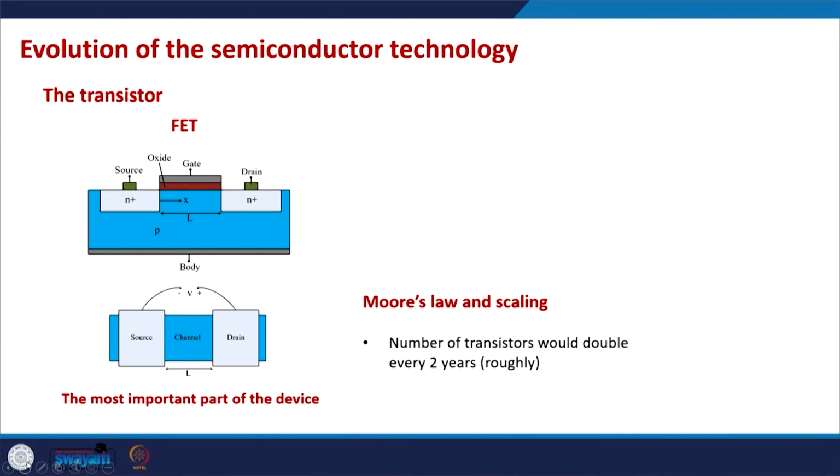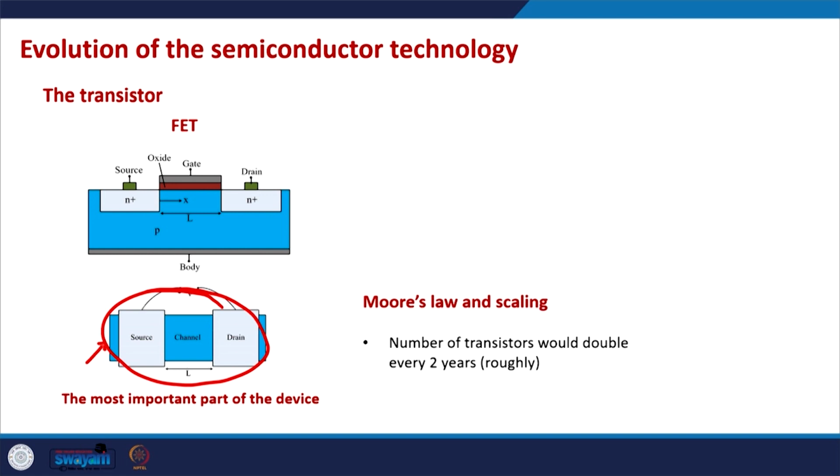Very soon, the active region or channel region of the device was getting scaled down. The reason was that as time progressed, because of the demand for high performance and for putting more transistors in a single device so that we can have more functionality in it, the transistor was being made smaller and smaller.